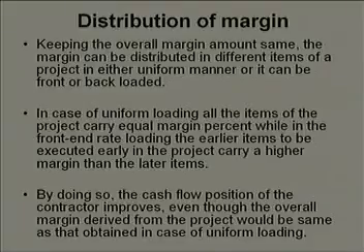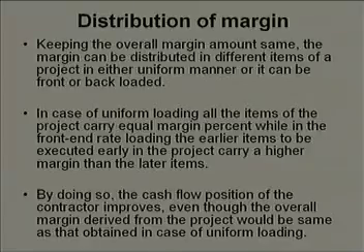Normally there are three ways in which contractors distribute their margin. One is very simple: you uniformly distribute it across all the items. For example, if you have 10% margin on your project's items and there are 13 activities in your project, you distribute it uniformly across all the activities.